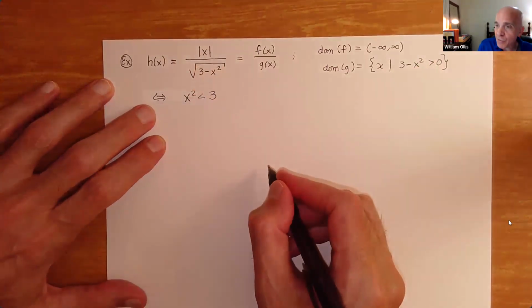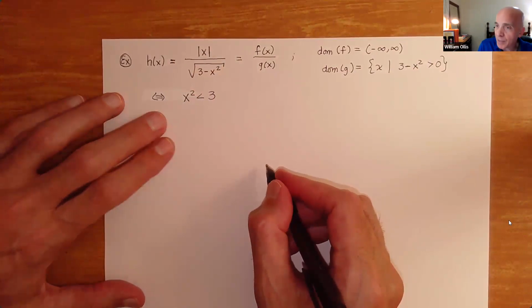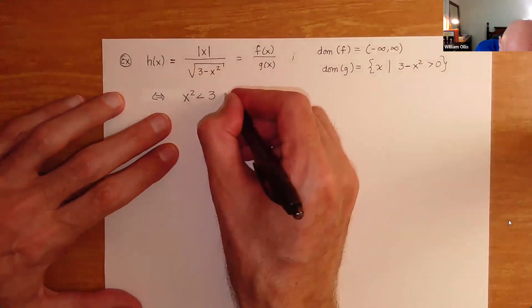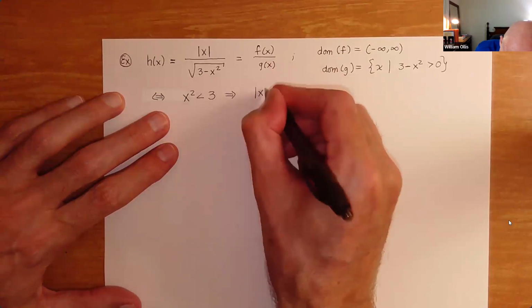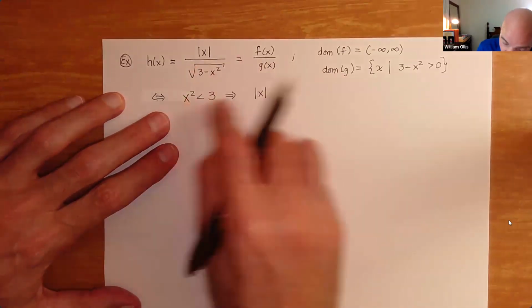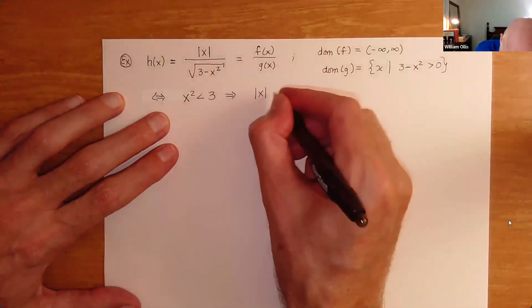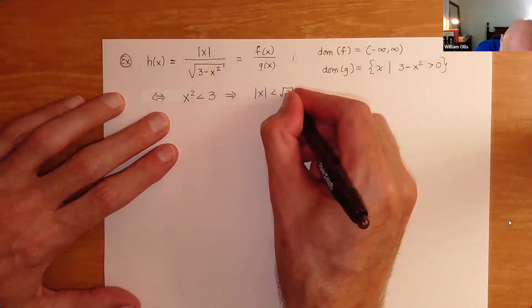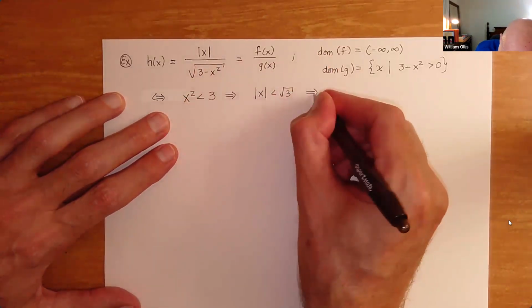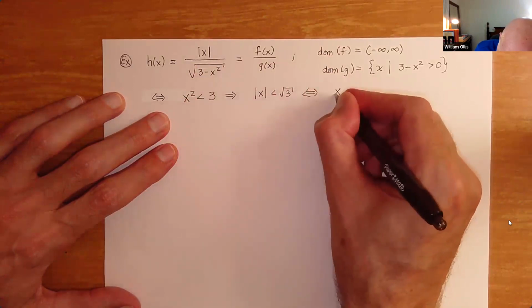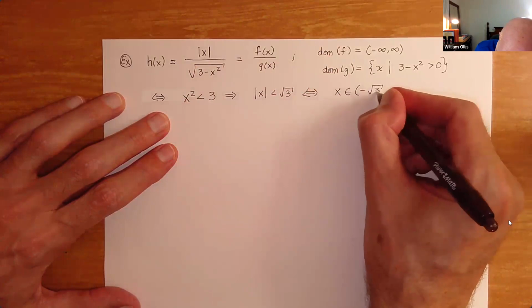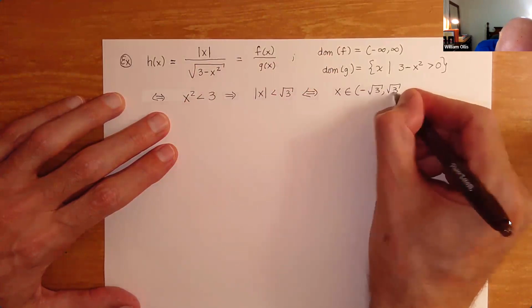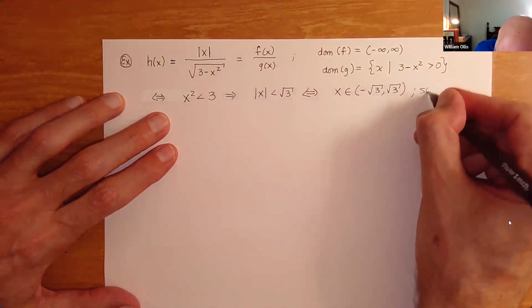And that gives us the conjunction if we apply the square root. Applying the square root gives us the absolute value of x, that is the square root of x squared is the absolute value of x, less than the square root of 3. And of course, this is the conjunction. So x would be an element of negative root 3 to root 3. And that is symmetric relative to 0.